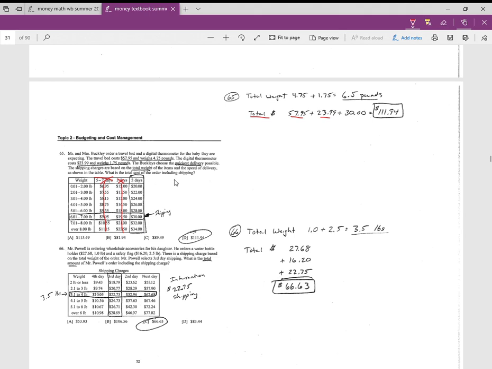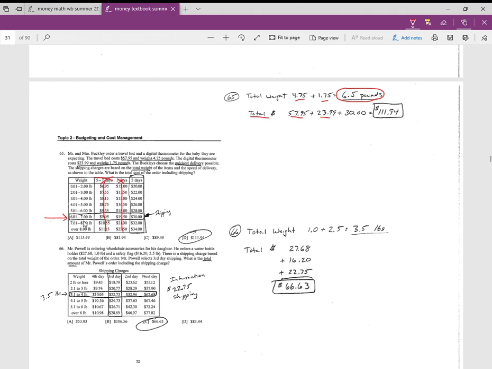Then the next thing that's based off is the weight of their order. So that's why they gave the weights in the problem. The bed is 4.75 pounds. The thermometer is 1.75 pounds. Add those up, the weight is 6.5 pounds. That puts us in this range, between 6 and 7 pounds.